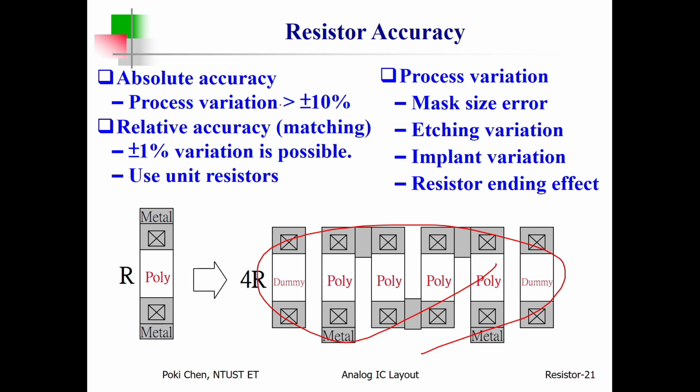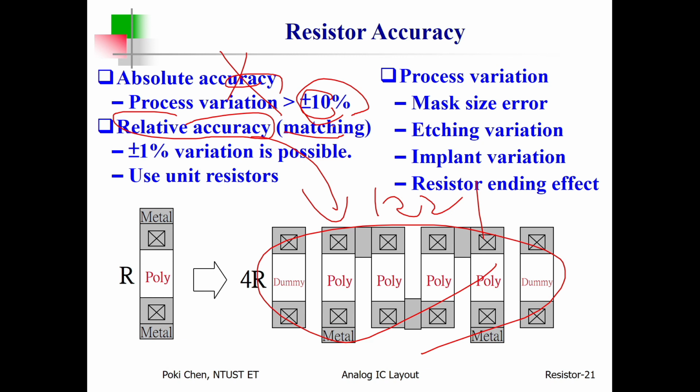For absolute accuracy, as I mentioned already, there is more than tens of percent variation. It is no good for your circuit design. However, for relative accuracy, if you do a very good layout pattern, 1, 2, 2, 1, 2, 1, 2 and so on, with such a machine-like layout, it is totally possible to reduce the variation from tens of percent in absolute terms to less than 1% relative.